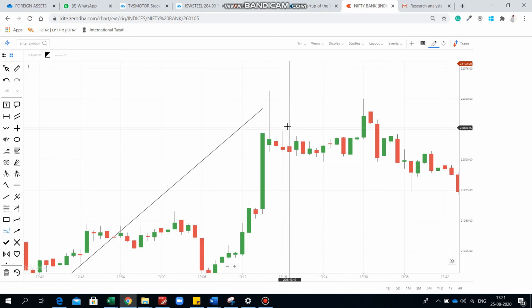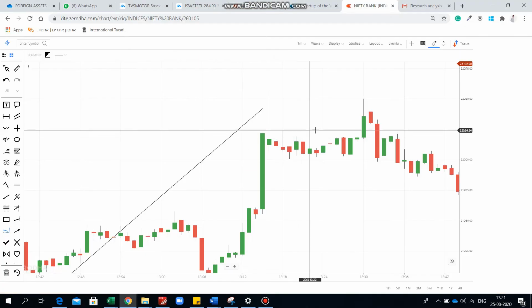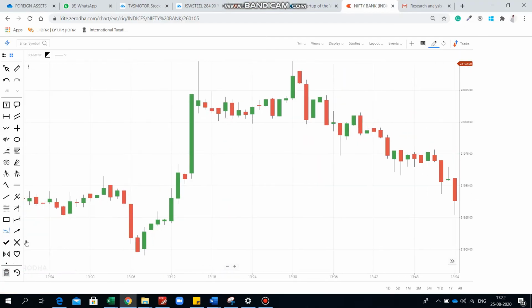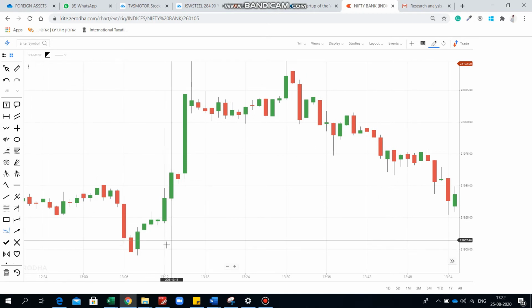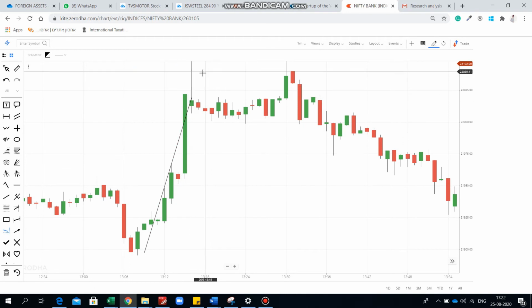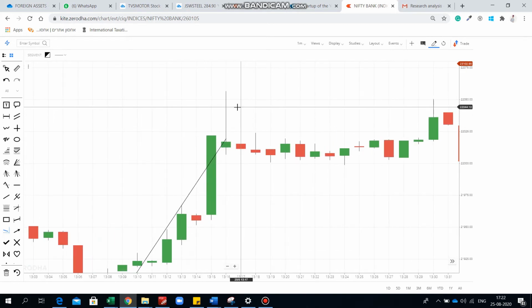So that's what, and same thing, the body color doesn't matter at all in these things. The same here, if you see, there is a good uptrend movement, and then again an inverted hammer candlestick or bearish pin bar has formed, and the next candle has closed below this.